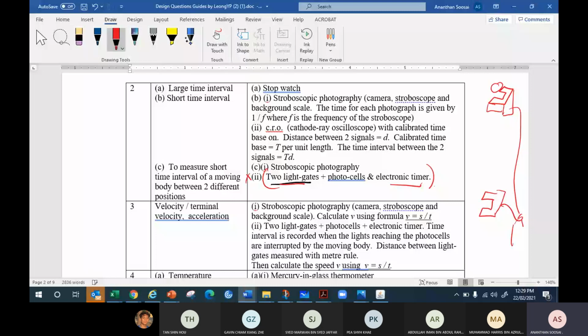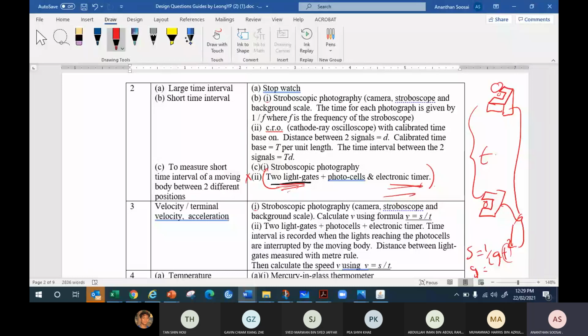When the ball passes through each sensor, you can measure the time interval. So s equals half g t squared, and we can measure g more accurately because there is very little reaction time. So for a short time interval, use light gates and an electronic timer, 2 light gates to be used.